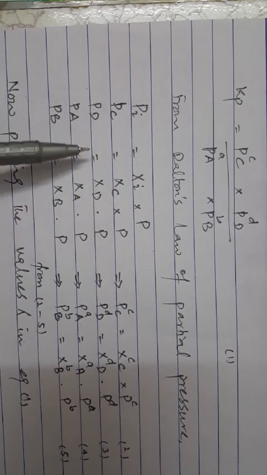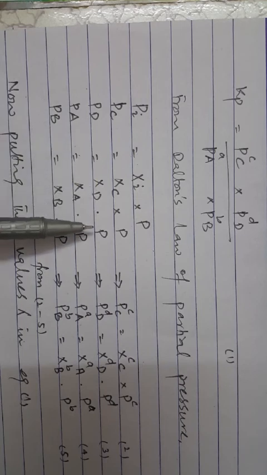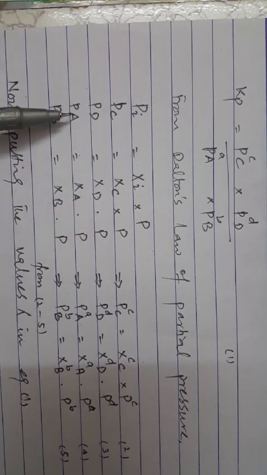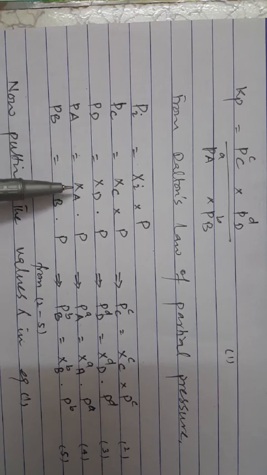Partial pressure of D will be equal to mole fraction of D into total pressure. Partial pressure of A will be equal to mole fraction of A into total pressure, and partial pressure of B will be equal to mole fraction of B into total pressure.